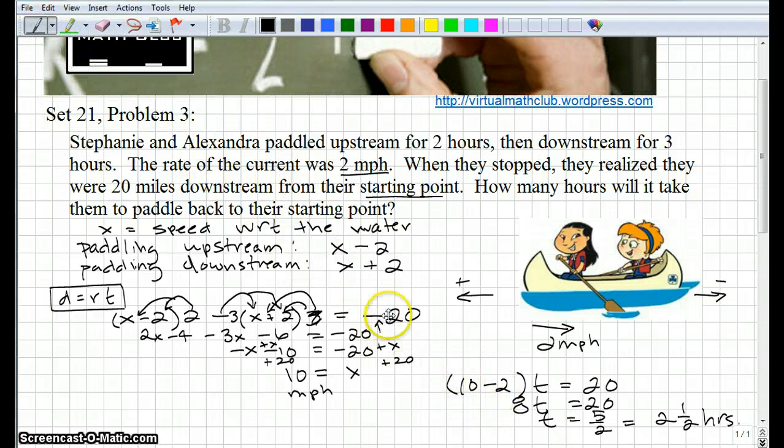Here we were 20 miles downstream, but we want to go 20 miles back upstream. So that's why we're using the positive here, in case that confused you at all. We're going upstream, and so the sign is positive. All right, so 2.5 hours is the answer.